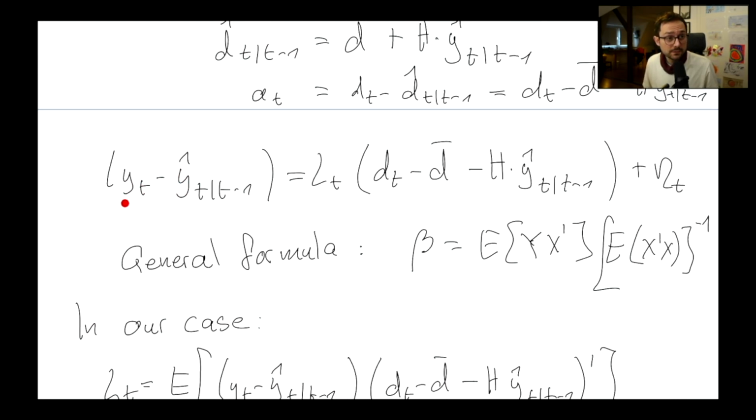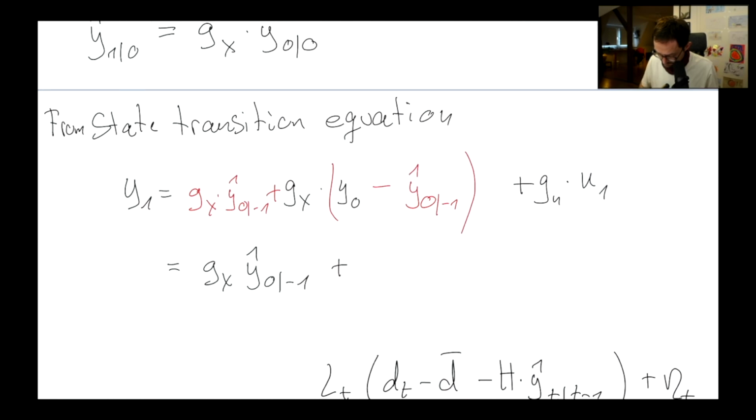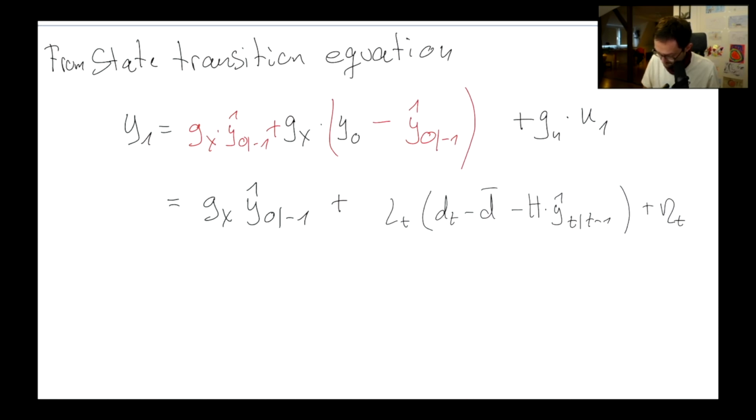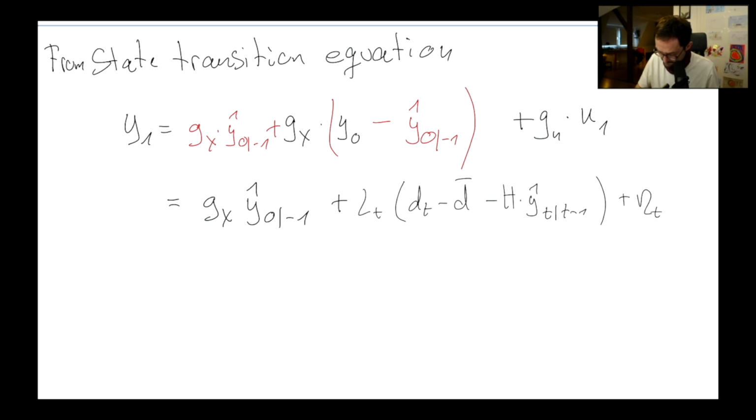There we have it, y0 given minus 1. So we can plug in this over here. And we're missing Gu times u1. And of course we have to put this to 0, this to 0, and this to 0 minus 1 plus that eta.